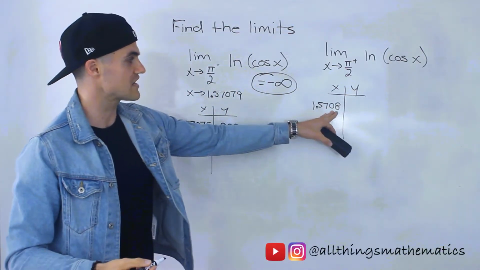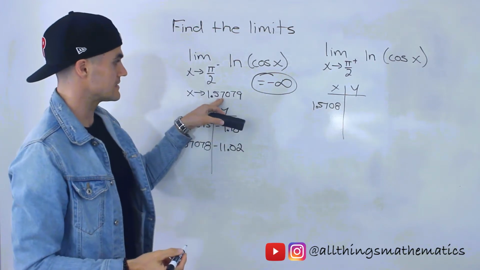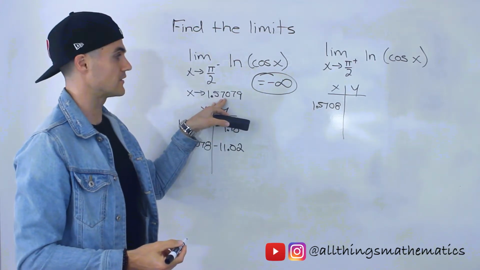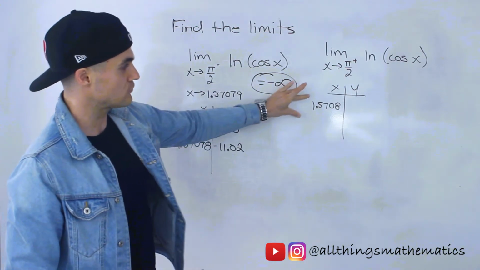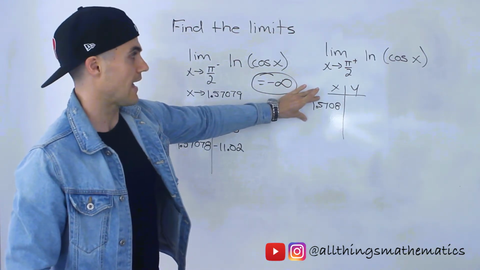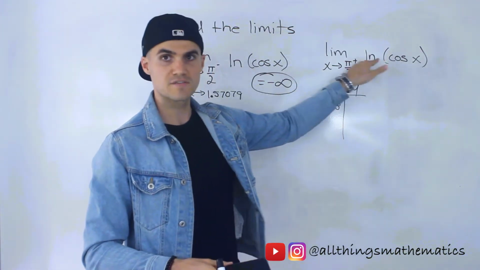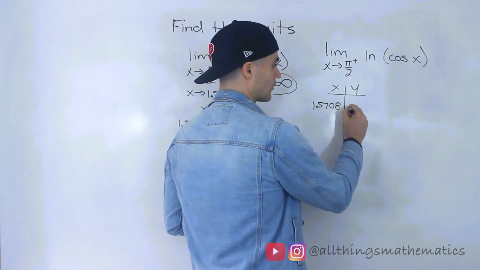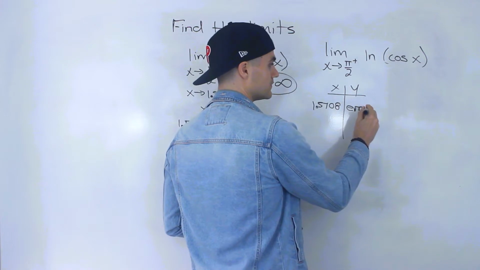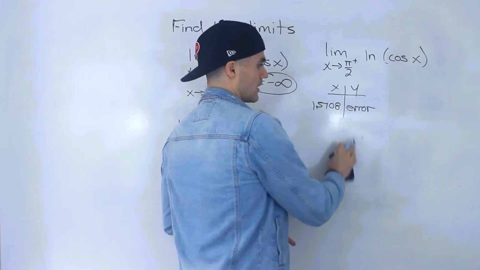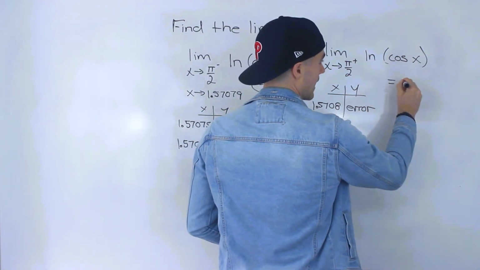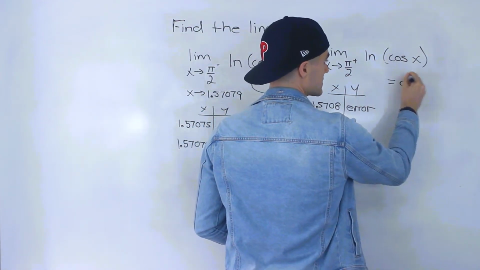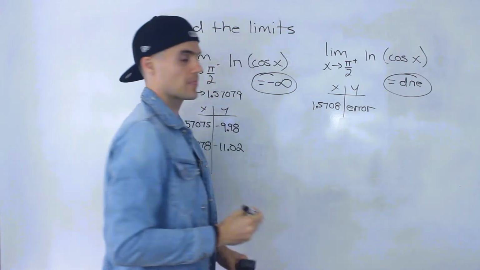So 1.5708 is to the right of this number. And notice that if we plug this into this function, what we're going to get in the calculator is an error. And so basically the answer to this is that the limit does not exist as we approach pi over 2 from the positive side.